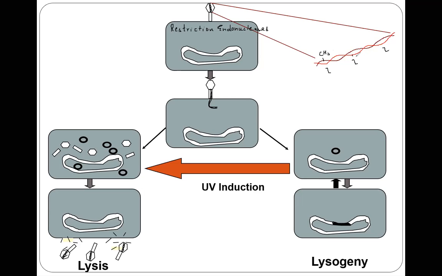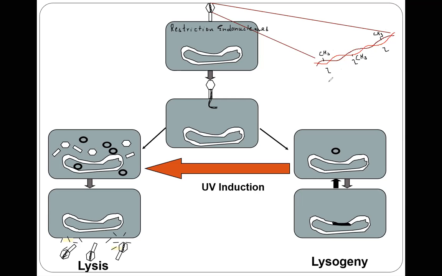These positions are highly methylated so that the restriction endonuclease won't be able to cleave the bacteriophage genetic material because all these sites have been fully methylated.